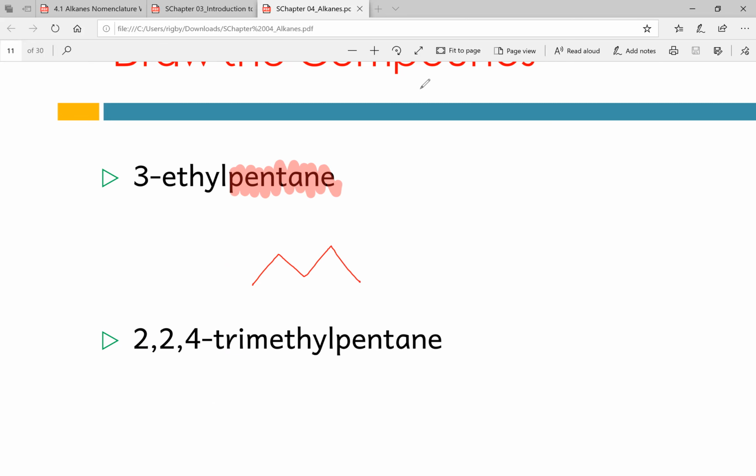So I know I have a 3-ethyl. All that means is I have an ethyl group on 3. So I'm going to number these carbons, 1, 2, 3, 4, 5. And 3 is where my ethyl group is going to be. And all I'm going to do is draw in my 2-carbon chain. So I'm going to have 1, 2. And so then there's our 3-ethylpentane.